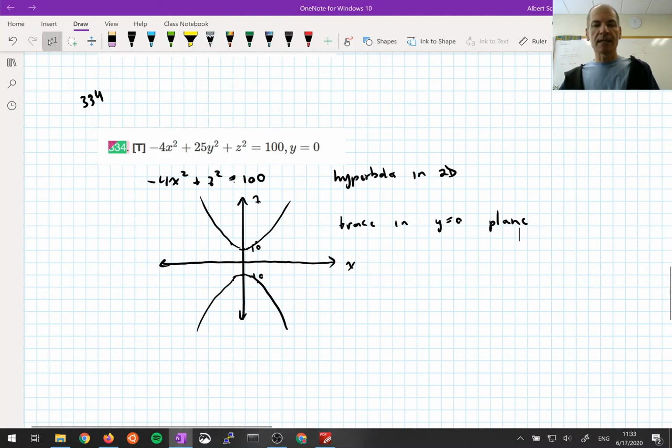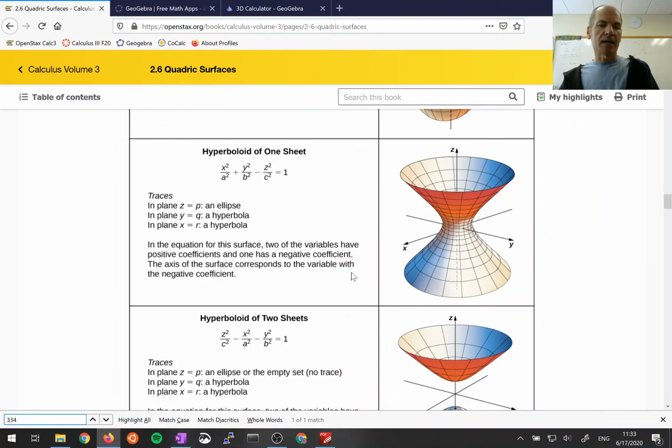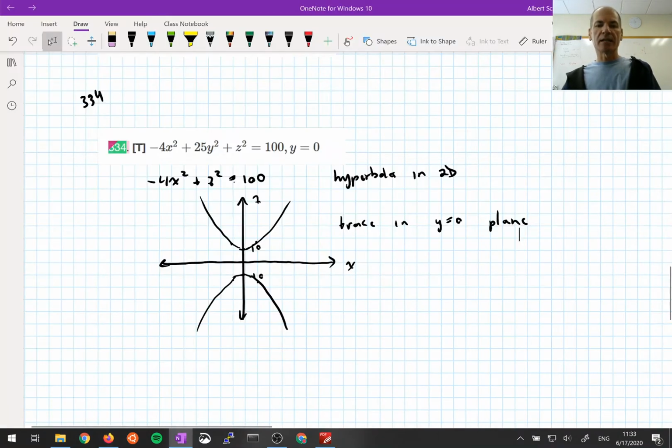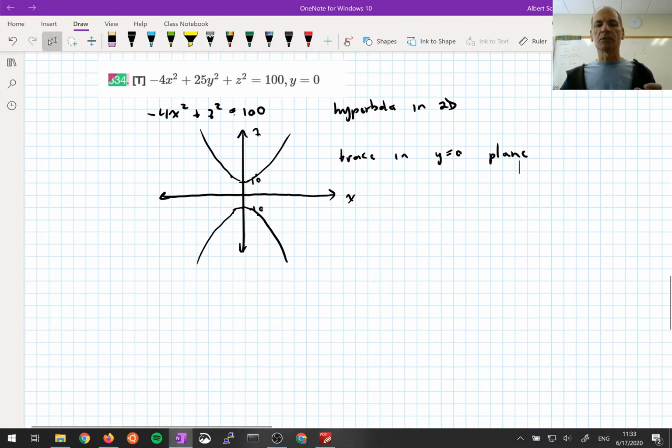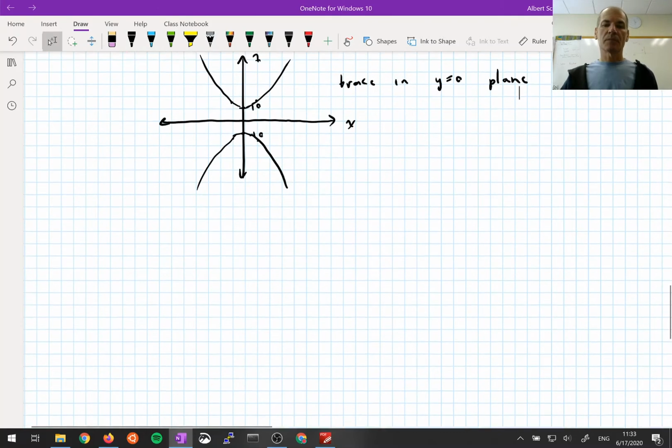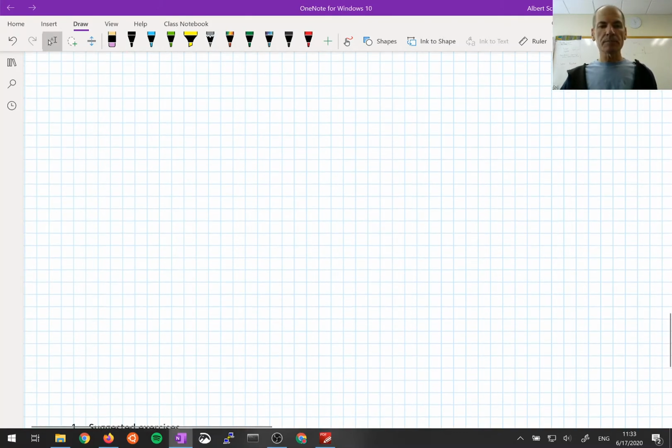If this is the slice in the xz plane, this is the opening, and the opening is along the x-axis. So this is a hyperboloid of 1 sheet, opening along the x-axis. So that zoo, that table in the section, is pretty useful to help us further visualize the surface.